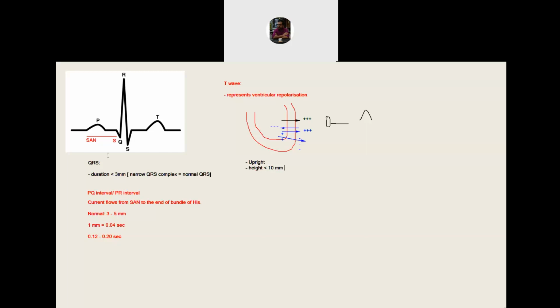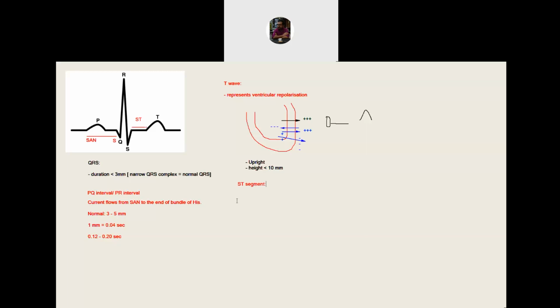Now let us come to the time interval between the QRS complex and the beginning of the T wave. You can see that in this gap, there is no wave. Therefore, it can be called a segment, and this is known as the ST segment. It is not called an interval because it does not contain a wave.